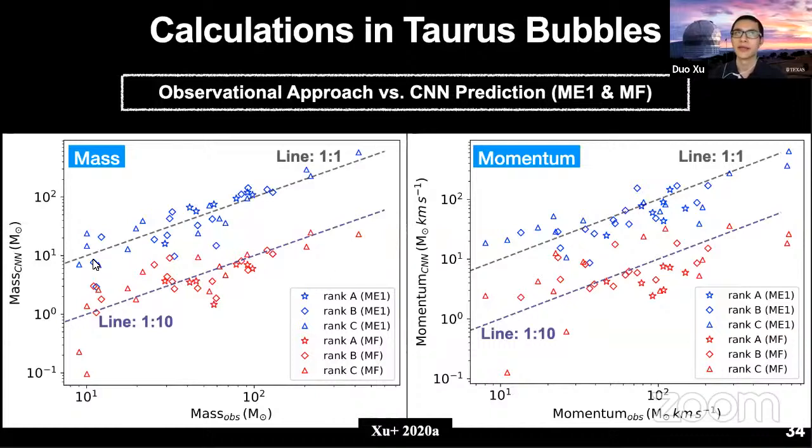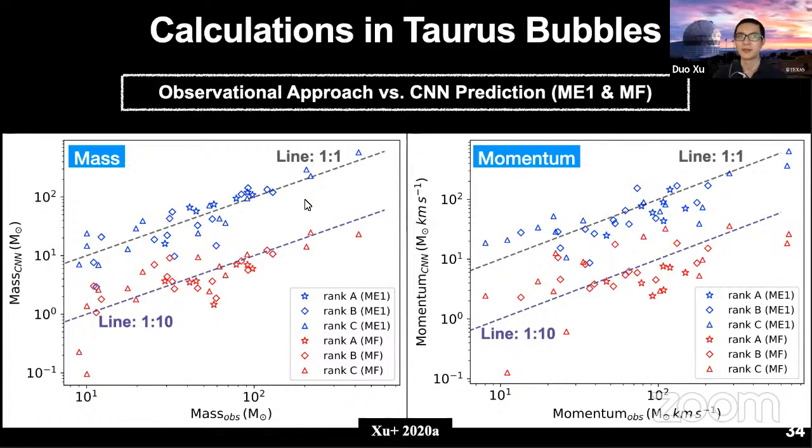The blue is the ME1 model. So this is consistent with what humans do, because humans or observers usually give a template of the position of bubbles and then calculate the mass based on this template. And our model is able to retrieve this one-to-one line.